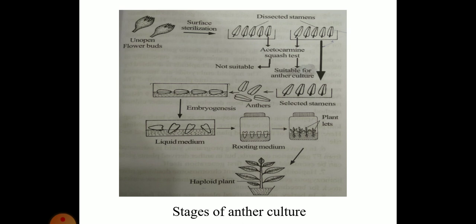Then the selected stamen is used for anther culture and the anther is excised from this stamen, and these anthers are grown on a medium. Then the embryogenesis process takes place. After that the embryos develop. These embryos are transferred to the rooting medium. After that the plantlet grows. Then these plantlets are acclimatized in a greenhouse for further growth.